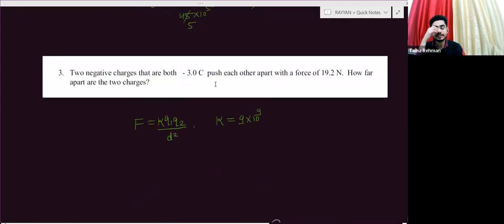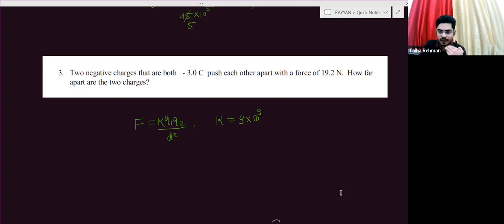Actually, this is a force. We are calculating the electromagnetic force with the help of Coulomb's law. Electromagnetic force or any type of force is a vector quantity, so there is no requirement of sign; we decide the sign by ourselves.